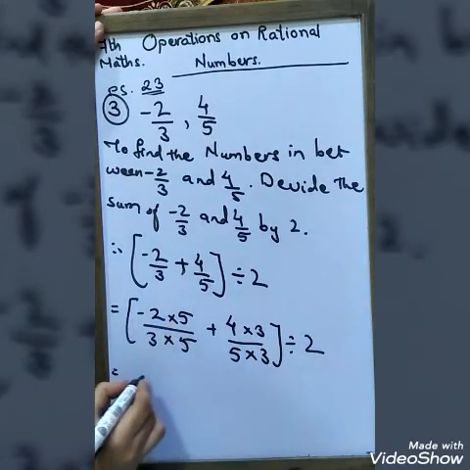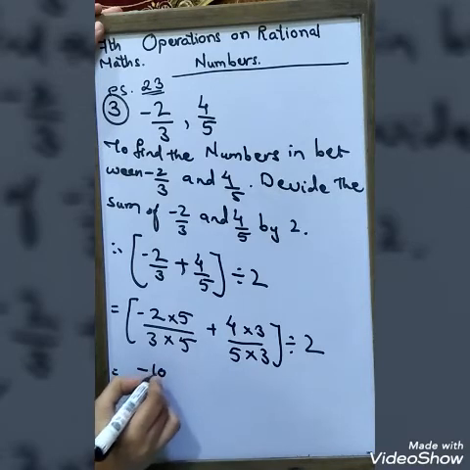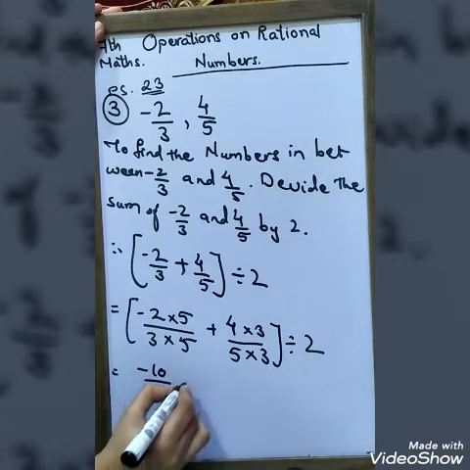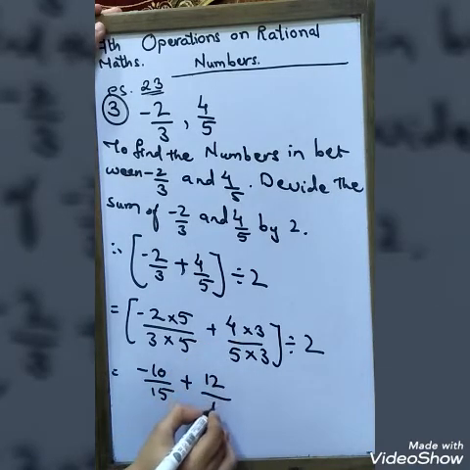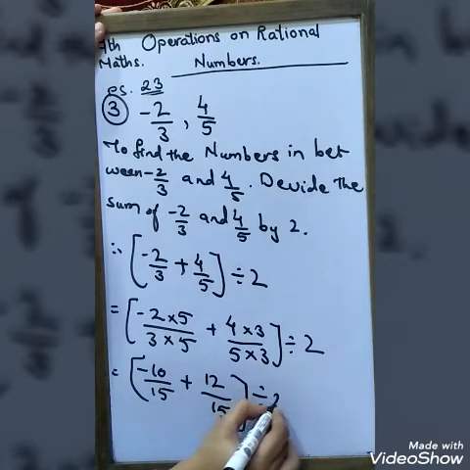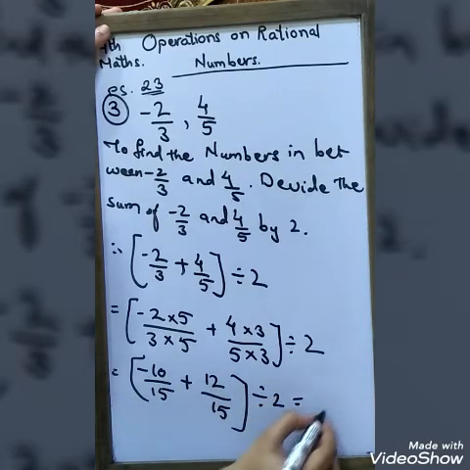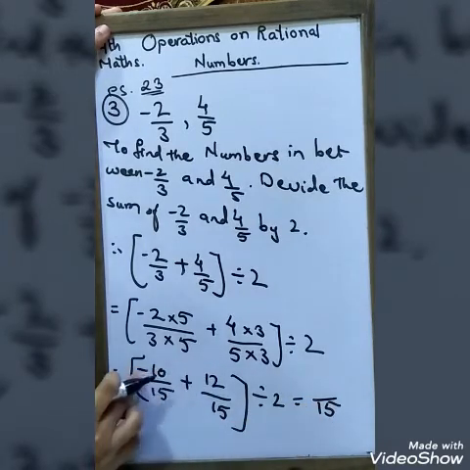So that will be equals to minus 2 into 5, so minus 10 upon 15 plus 4 3s are 12 upon 15 divided by 2. So that will be equals to 15 and then 12 minus 10.